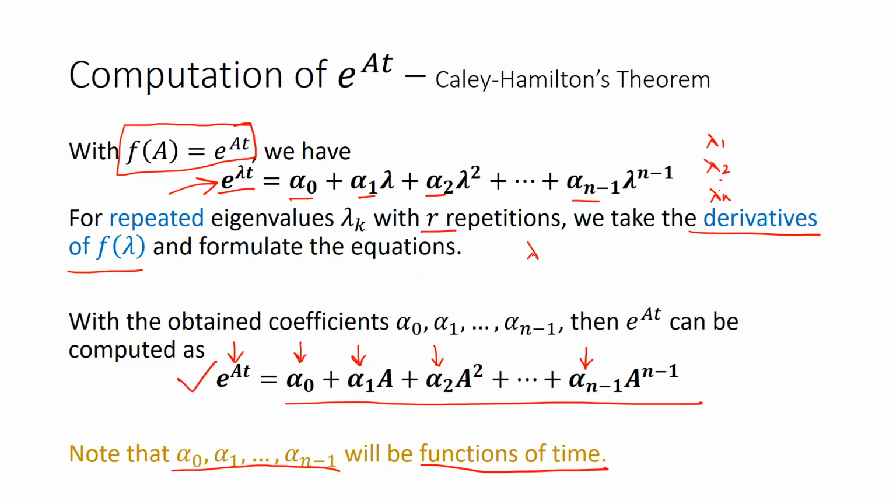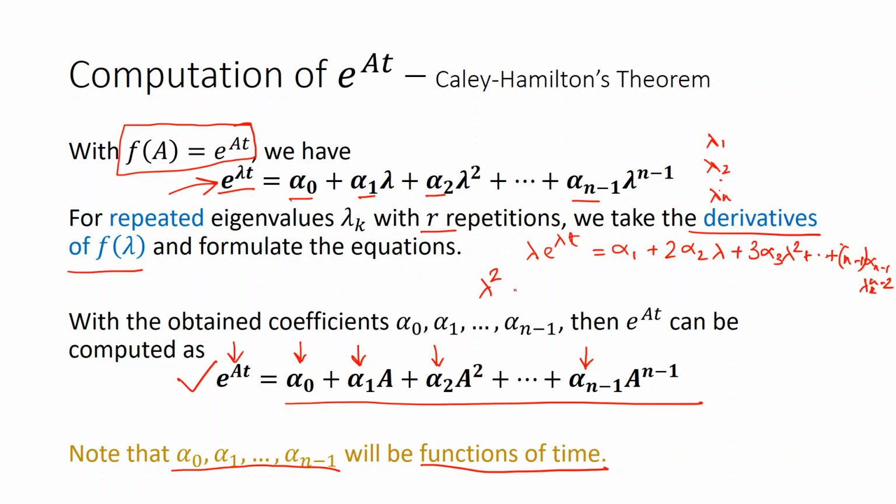So you take a derivative, you will get lambda e to the power of lambda t equals alpha 1 plus 2 alpha 2 lambda plus 3 alpha 3 lambda square plus, up to n minus 1 alpha n minus 1 lambda n minus 2. So you will get this, and if you have another repetition, you have to do another derivative.